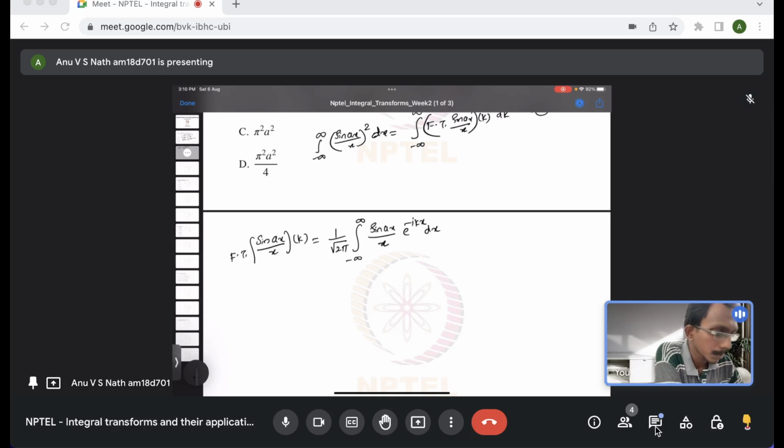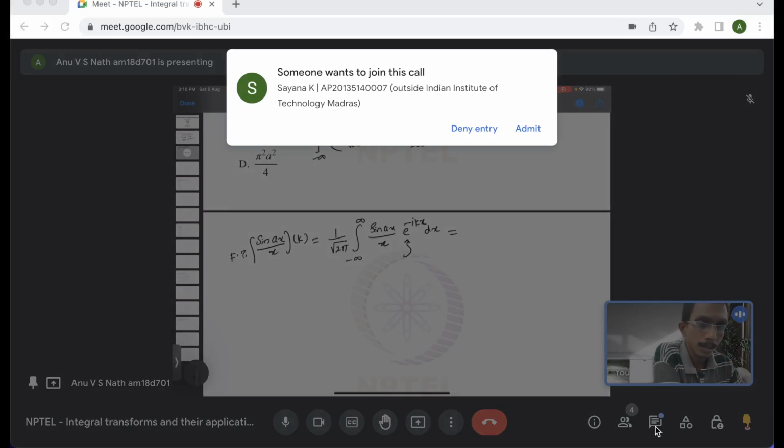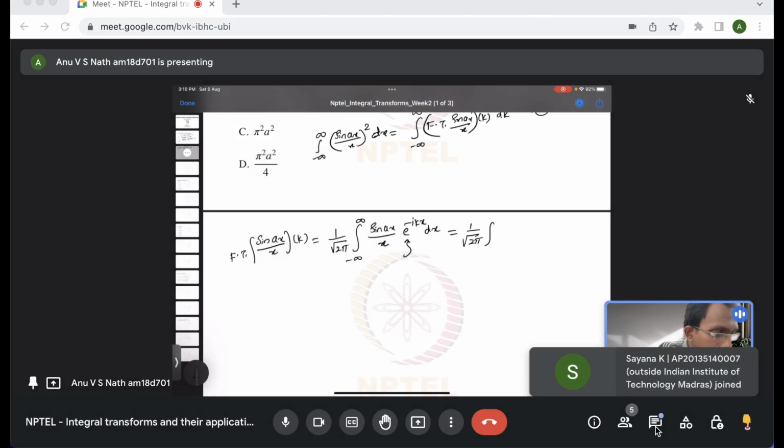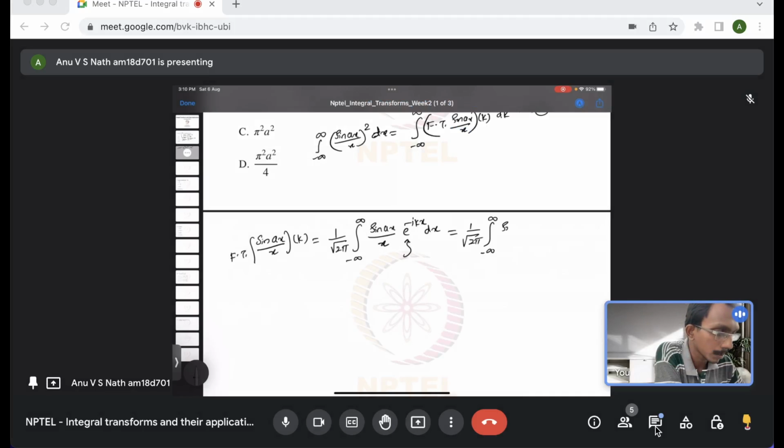So now what we are going to do is that we can expand the e raised to i theta using de Moivre's theorem. It's like 1 by square root of 2 pi, integral from minus infinity to plus infinity of sin ax by x times (cos kx minus i sin kx) dx. So now we distribute this bracket.